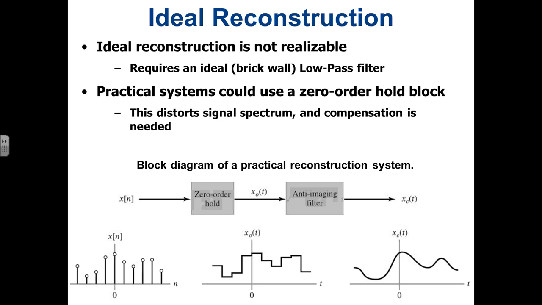What's typically done then is we'll run that output through a low-pass filter to smooth it out a bit so that we get a better looking reconstructed signal. If we could make an ideal filter, we would, but we can't, so we use a reasonably inexpensive low-pass filter to just smooth out the edges.